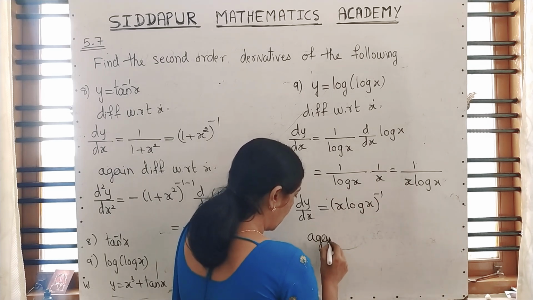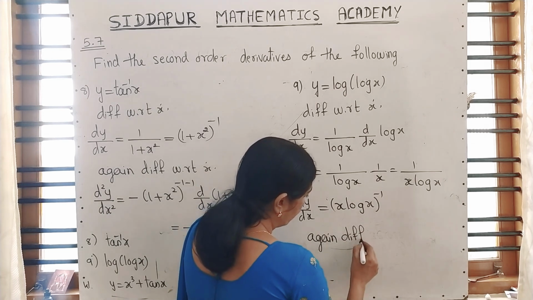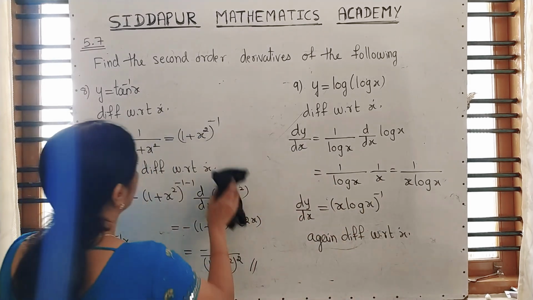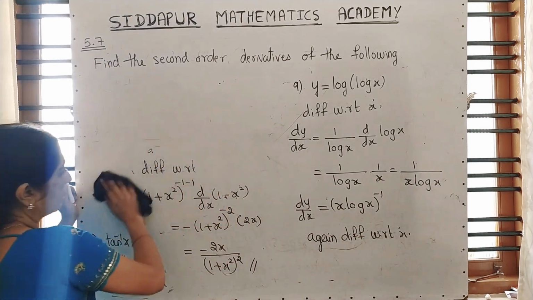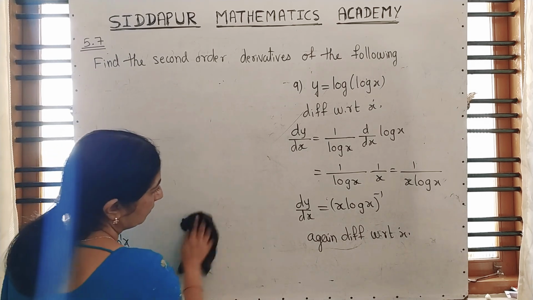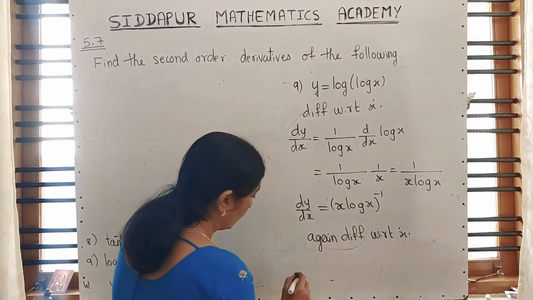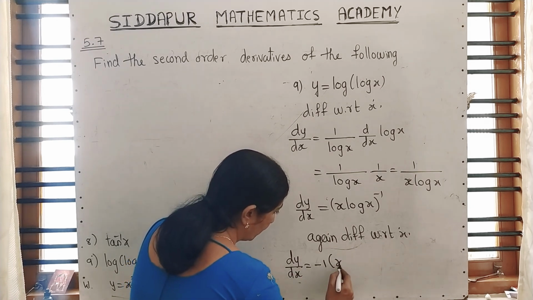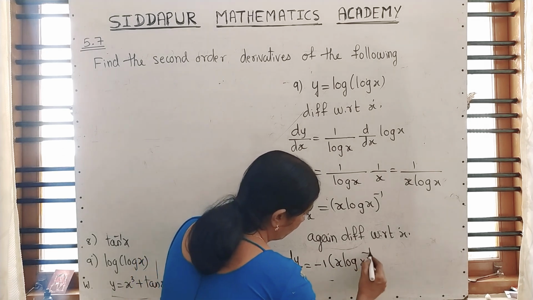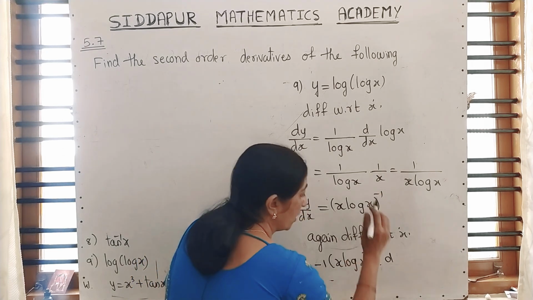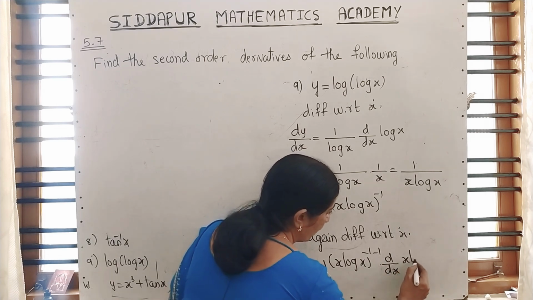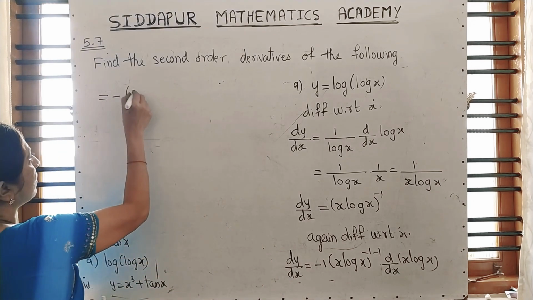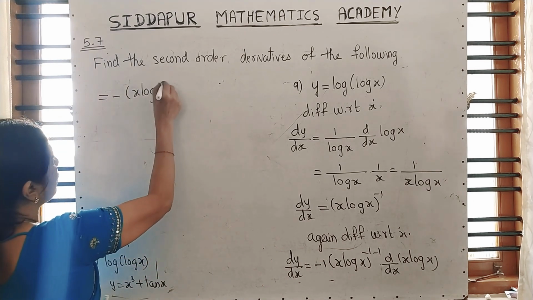Now again differentiating with respect to x. So first power, dy upon dx is equal to minus 1, x log x raised to minus 1, because it is in x raised to n form. Differentiation of x log x. This will be minus x log x raised to minus 2.